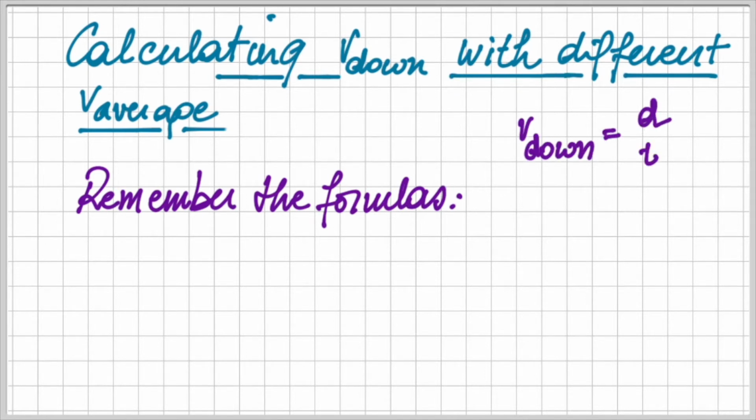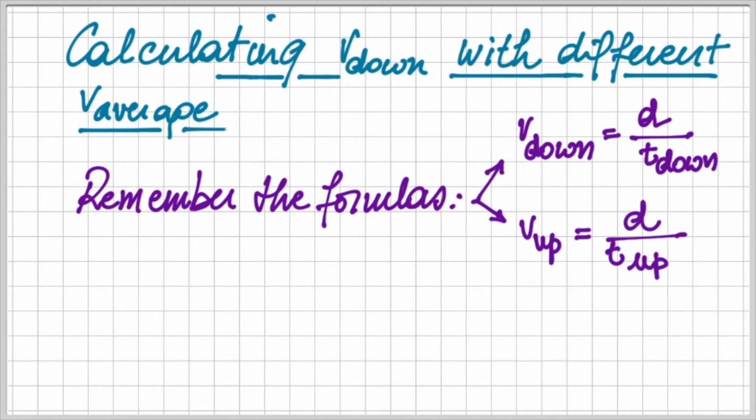We know that the speed down is distance divided by the time to go down, and the speed up is the same, with the same distance d, divided by the time we go up.